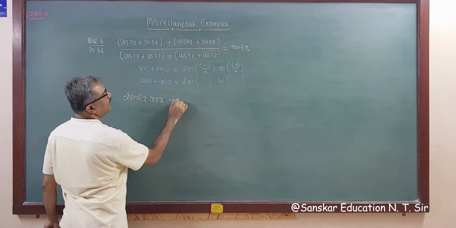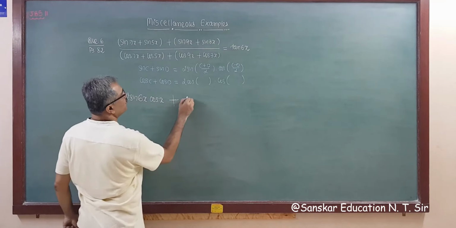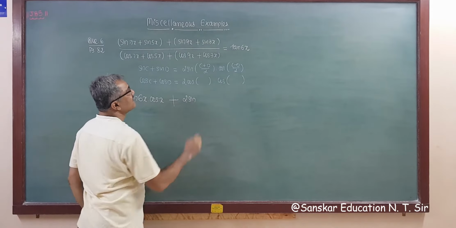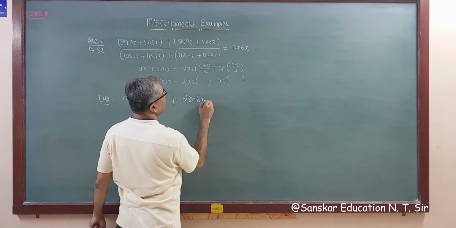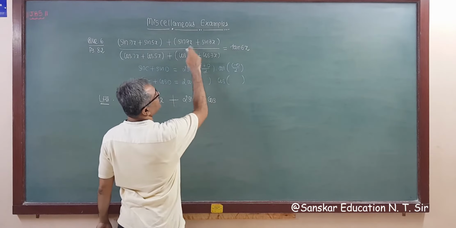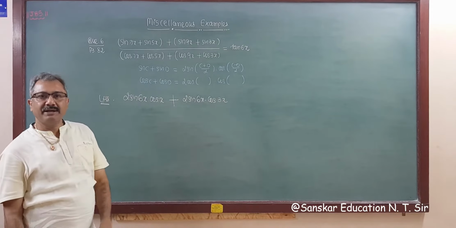Plus the same formula once again: 2 sin of (9 plus 3, 12, divided by 2) 6x, into cos of (9 minus 3 is 6, divided by 2) 3x.